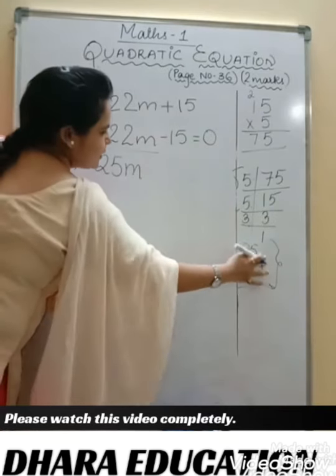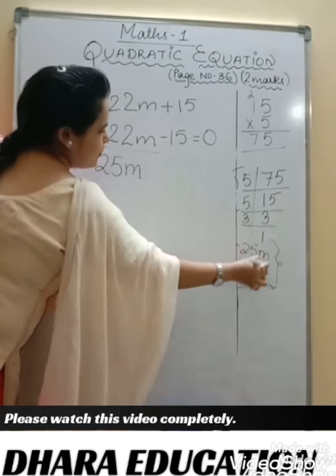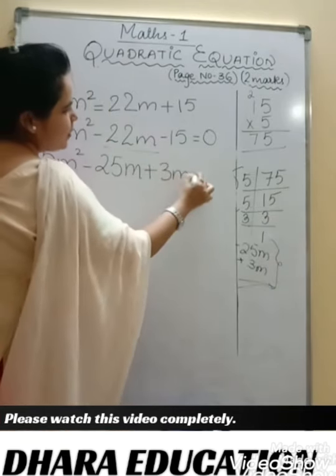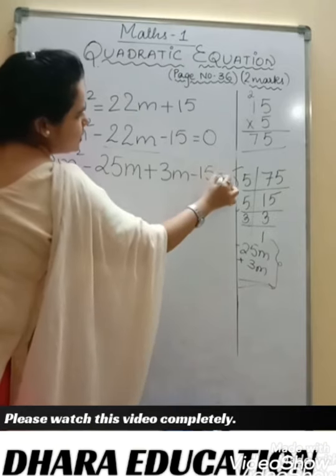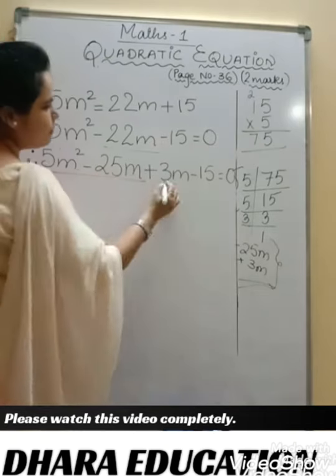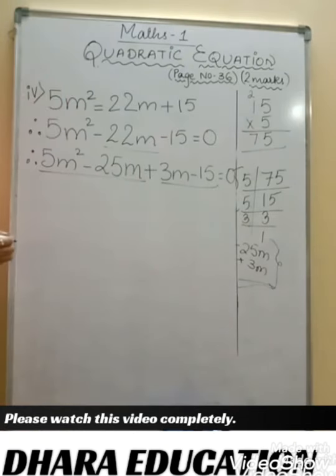Sorry, I have written here x, it is m, and plus 3m minus 15 is equal to 0. Here we have to make a pair of both. Again, what do we need to do? We need to take the common pairs out. So how will it be?